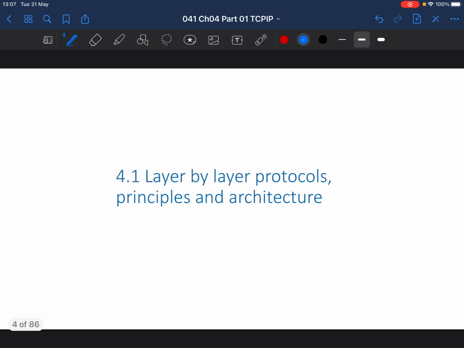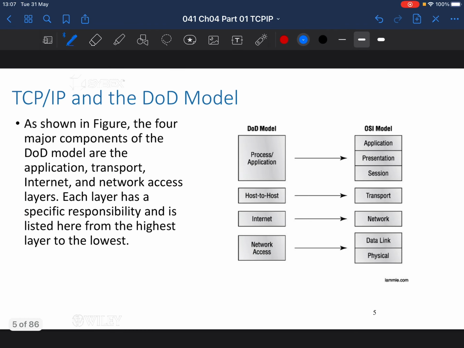Okay, subtopic 4.1 layer by layer protocols, principles and architecture. TCP/IP and the DoD model. As shown in the figure, the four major components of the DoD model are the application, transport, internet, and network access layer.